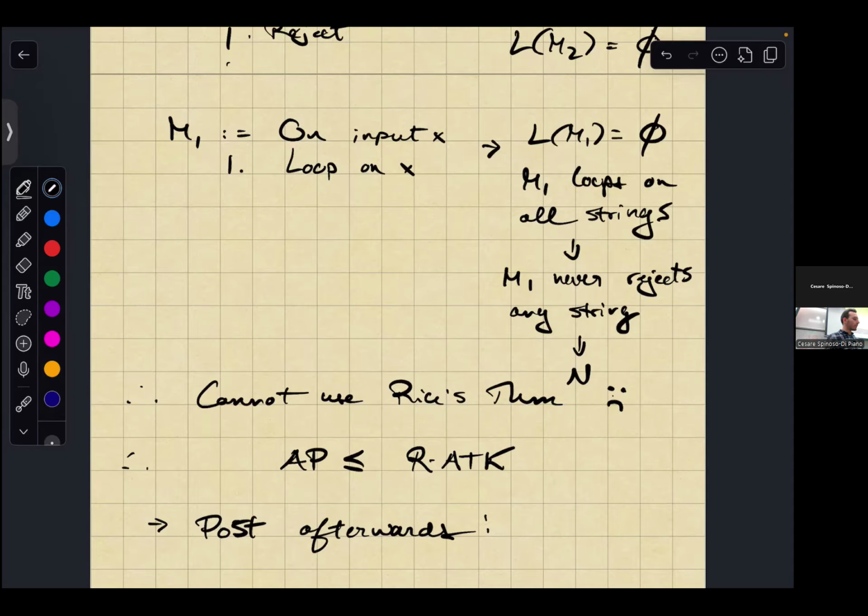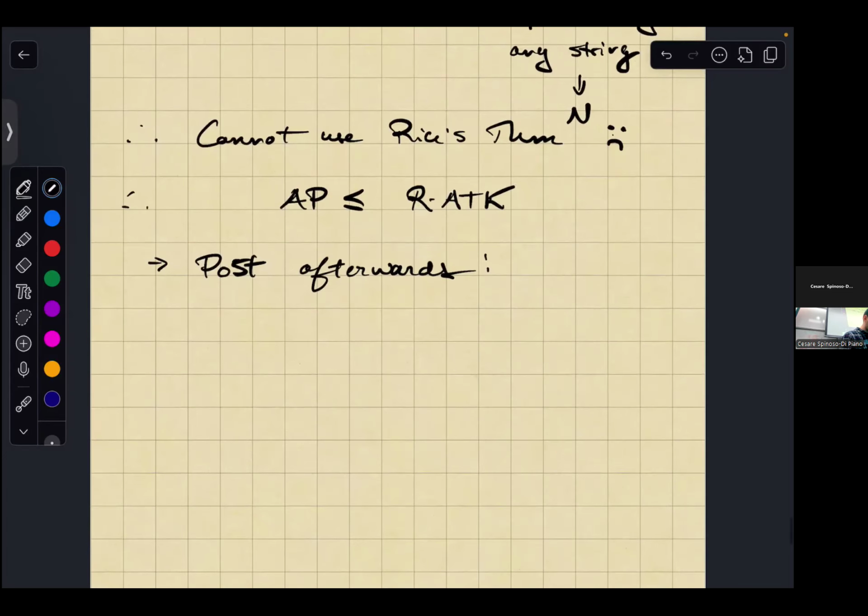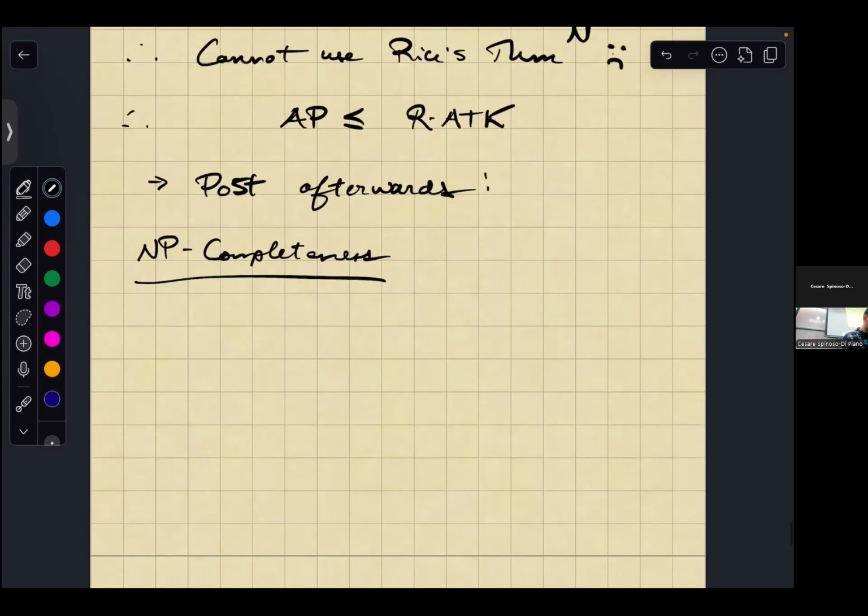Now, let's get to the final part of the review session, which was also the final part of the class, which is essentially NP completeness. So NP completeness is an interesting class of decision problems, right? It's decision problems which are decidable, right?